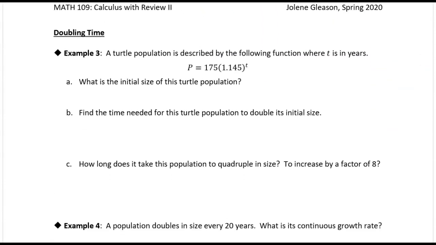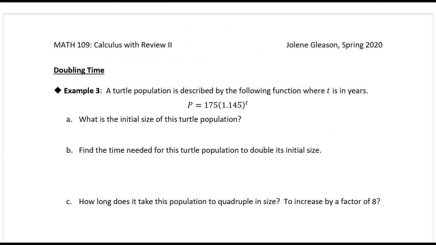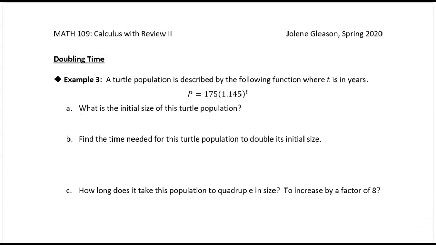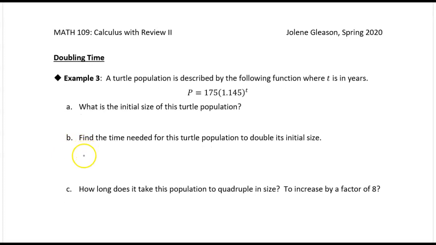Another thing that we can look at with exponential models is doubling time. There's a couple examples here with doubling time. We have a turtle population that is described by this function where t is in years, and I assume that P is the population in the number of turtles.